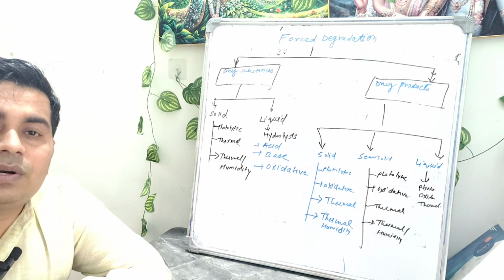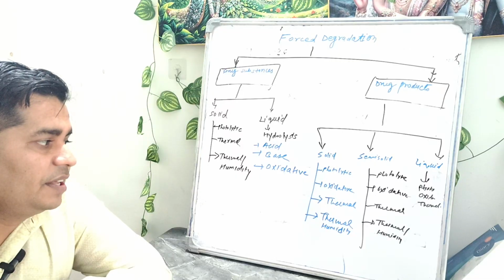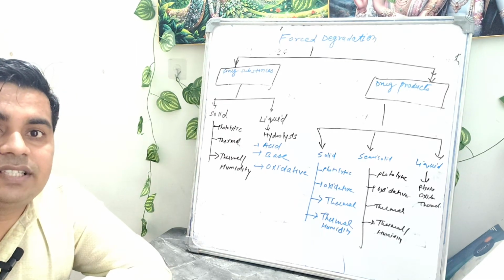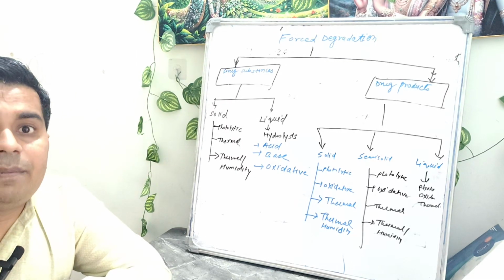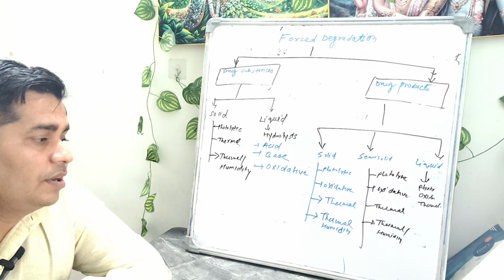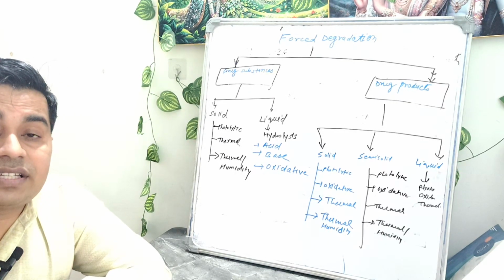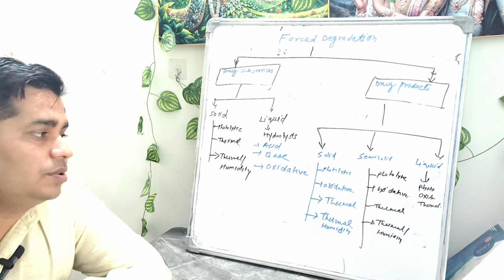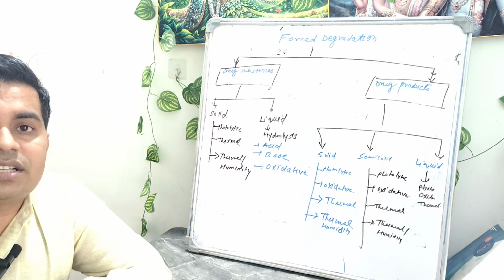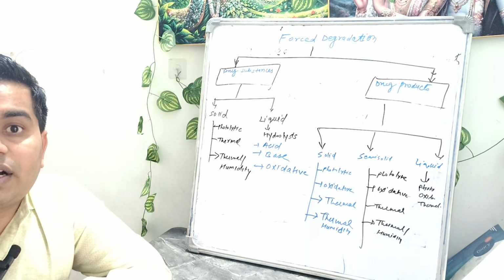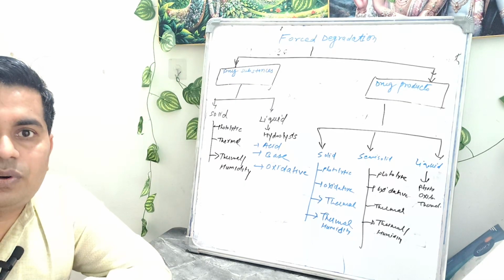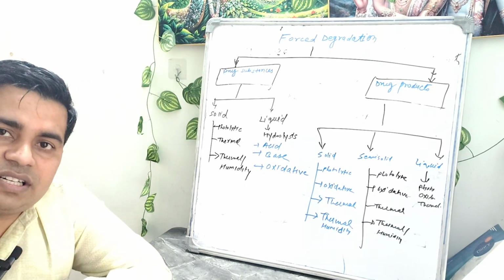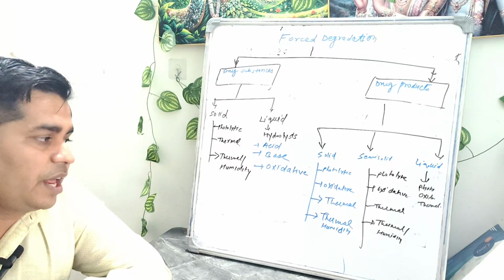Thermal and humidity degradation means we provide higher temperatures, like 55 and 60 degrees Celsius, to check what discoloration and changes are observed in the dosage form, how much it degraded, and how sensitive it is to temperature.